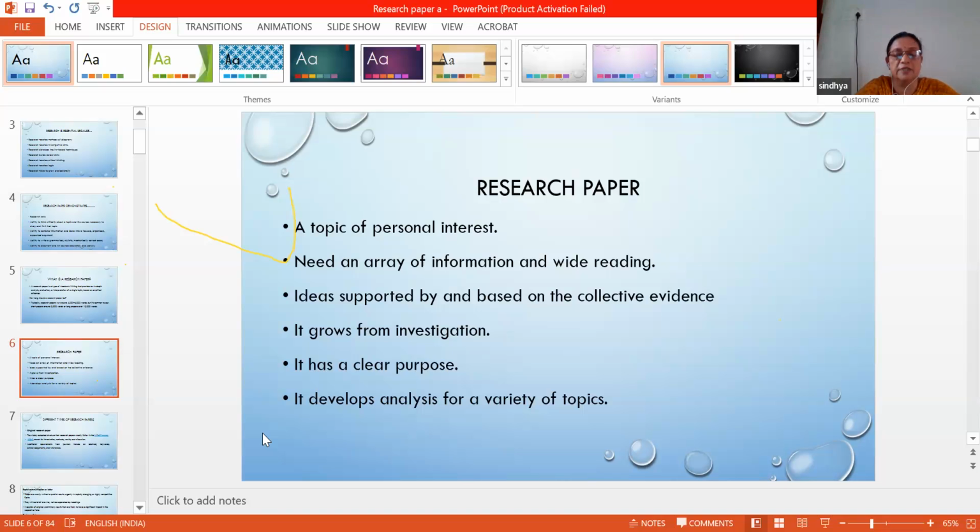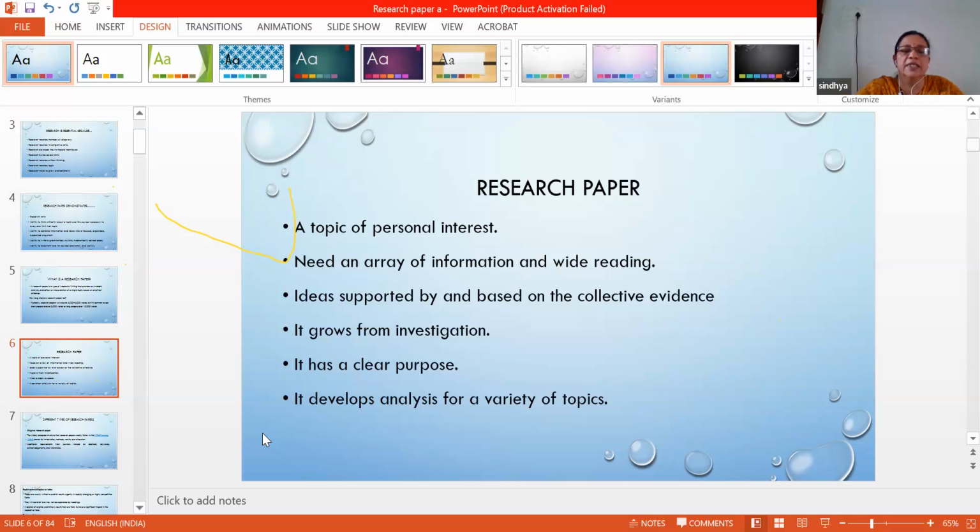A better product will emerge from the research. So a topic of personal interest must be selected while engaging in any kind of research. After research only, you have to make the paper. So when you are intending to write a paper, you can select your own area of interest.